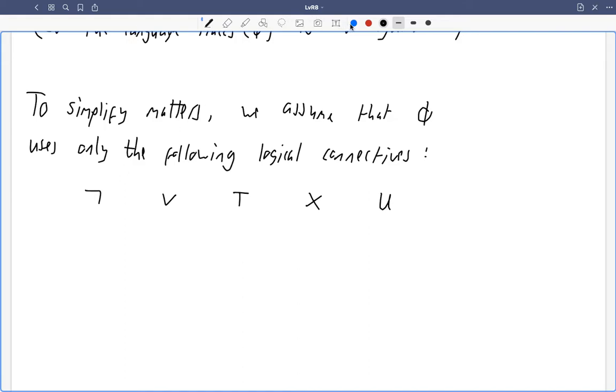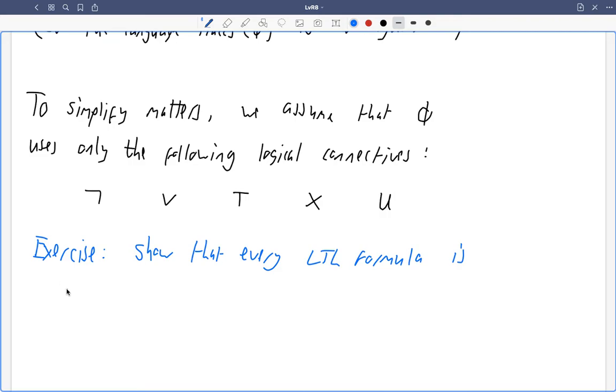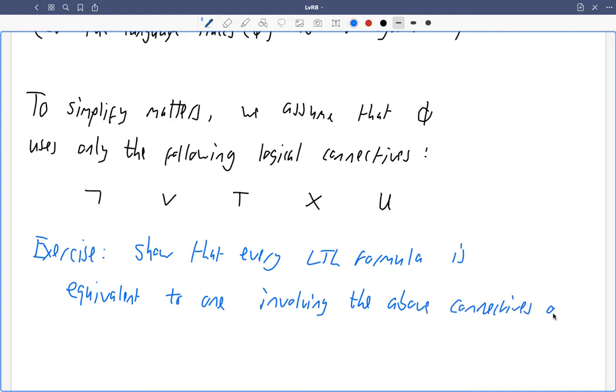So there's going to be an exercise for exercise classes: show that every LTL formula is equivalent to one involving only the above connectives.